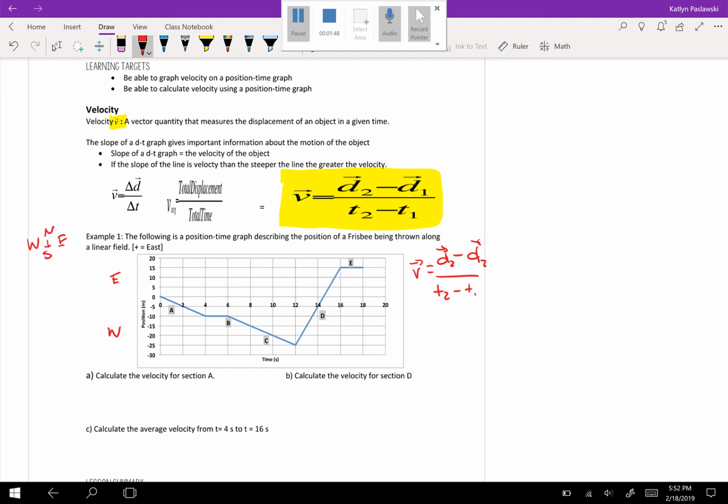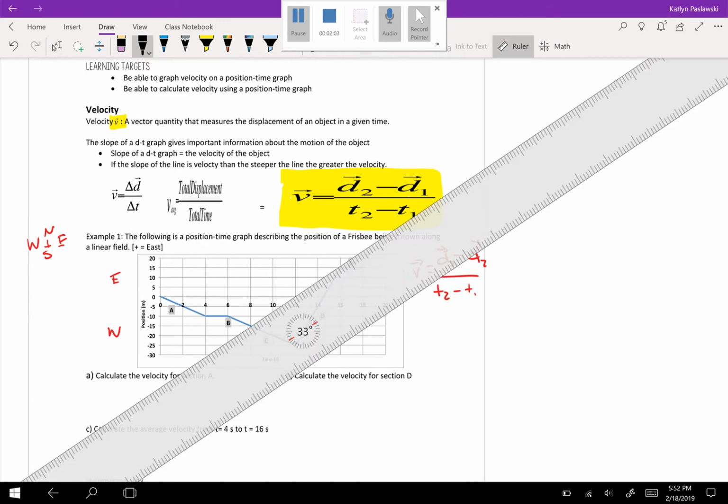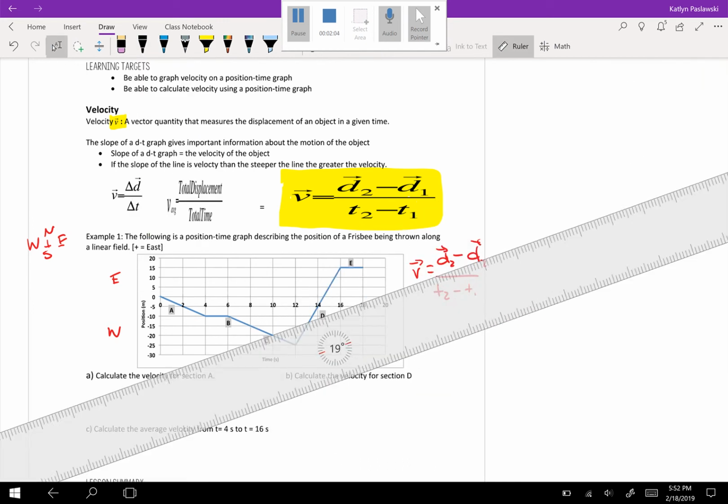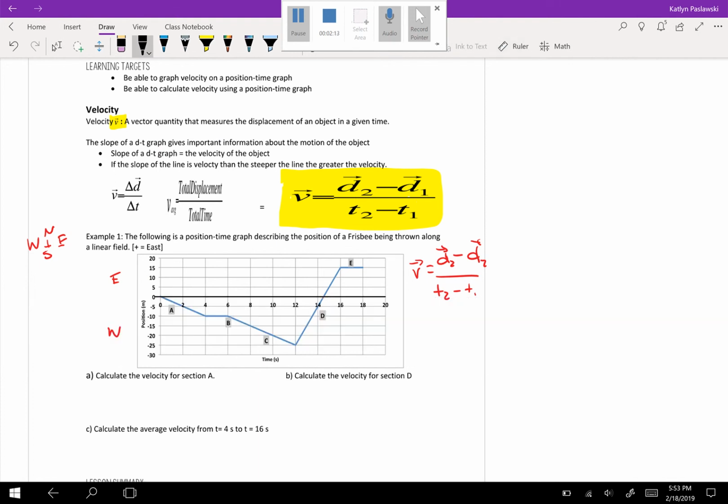So we're looking at this frisbee. 0 is the center. Notice how it starts at 0, but the numbers for your x-axis are just placed a little bit lower. So if we were to draw in where that would be, this is 0. There, that makes it a little easier to see.